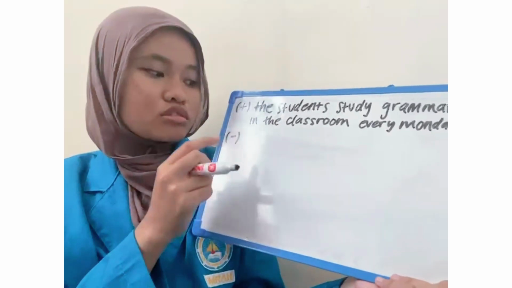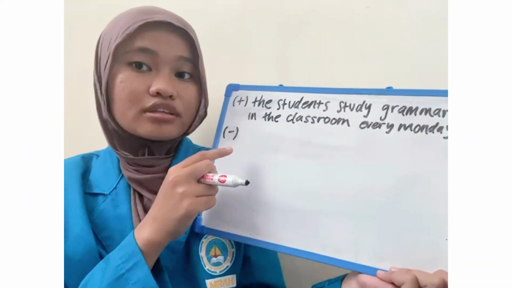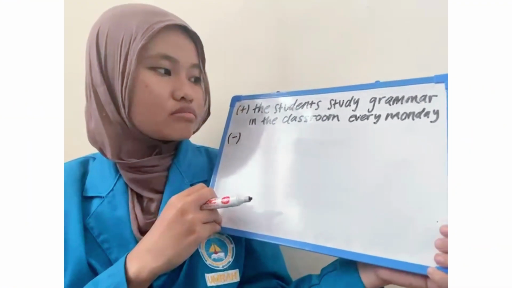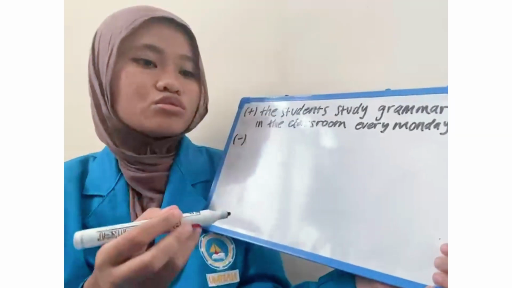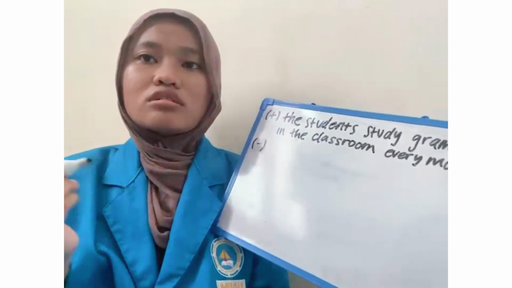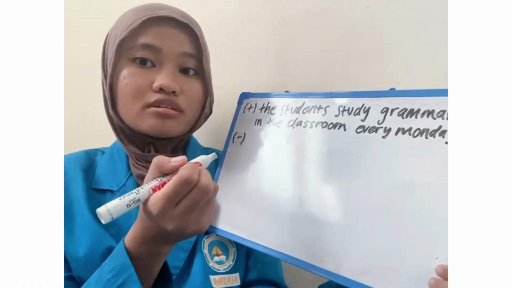Before, we transformed the sentence into the positive form, right? So we move to the negative form. In the negative form we use do not because the subject, the students, is plural.